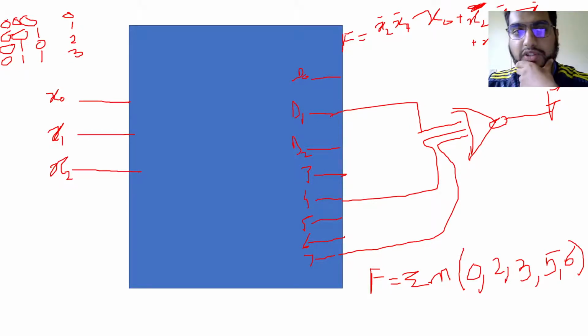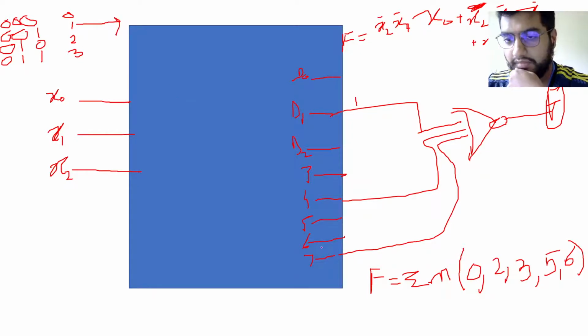When the input is 0, 0, 0, this input line should be selected, but it's not connected to any gate forward. And when the input is 0, 0, 1, this will be selected, so this will be high. Once this is high, our f will be equal to 0. So f will be equal to 0 for the minterm combinations 1, 4 and 7.